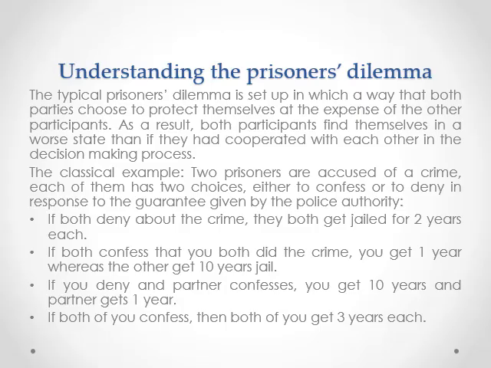If you confess that you did the crime, you get 1 year, whereas the other gets 10 years in jail. If you deny and your partner confesses, you get 10 years and your partner gets 1 year. If both of you confess, then both of you get 3 years each.